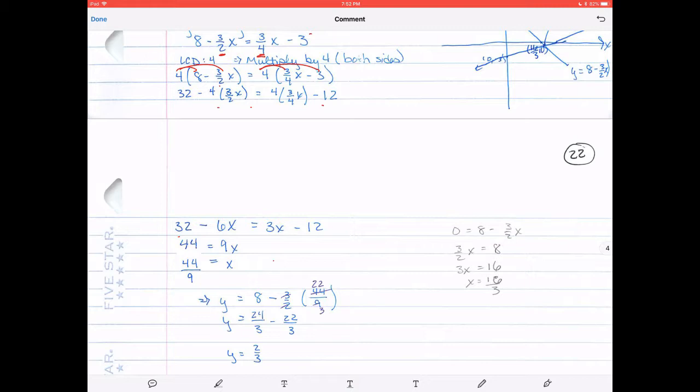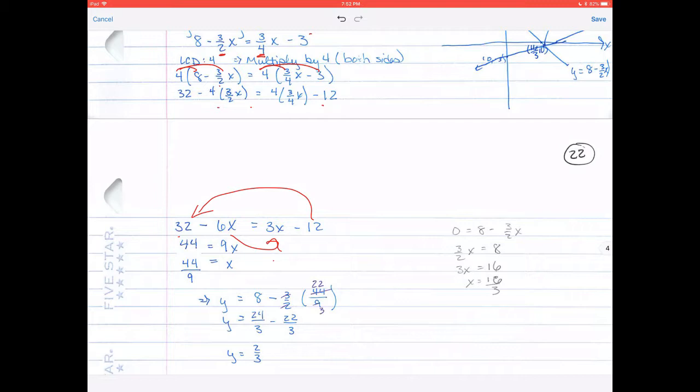So now I have a linear equation. Well, that's a lot easier to solve. So I'm going to add 12, so I get 44, and I'm going to add 6x, so I'm going to move this over here and the 6 over here. So I have 44 equals 9x. Divide both sides by 9, so I have x equals 44/9.